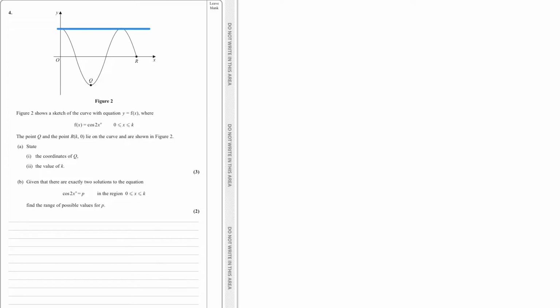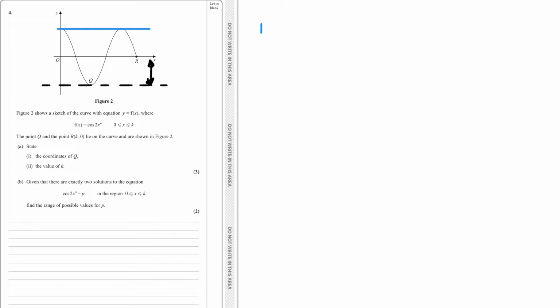So I'm looking at essentially this point here, which I've put in blue, and then anywhere between the dashed black line and the x-axis will also give me exactly 2 solutions.